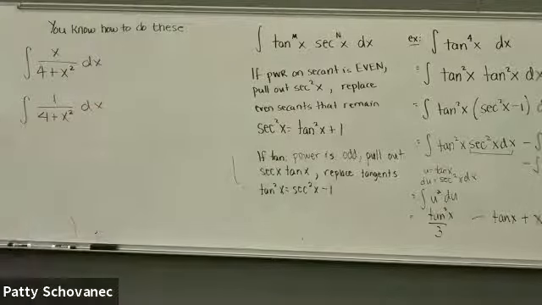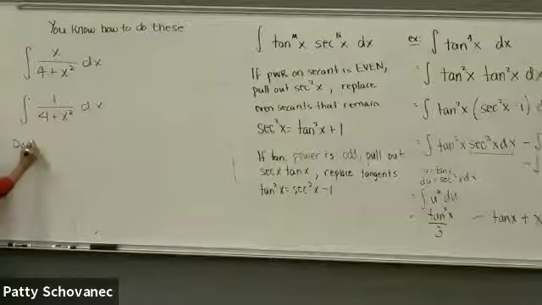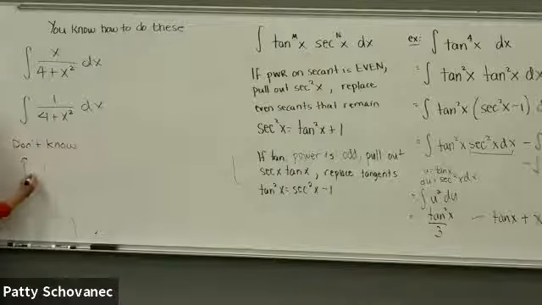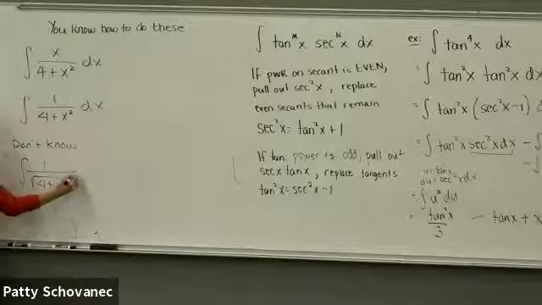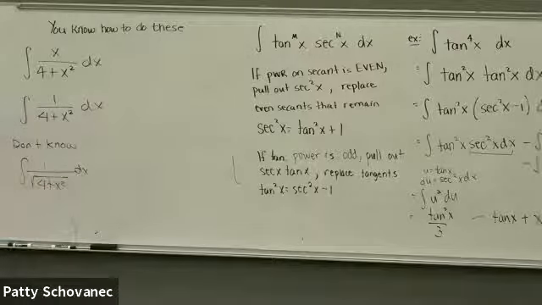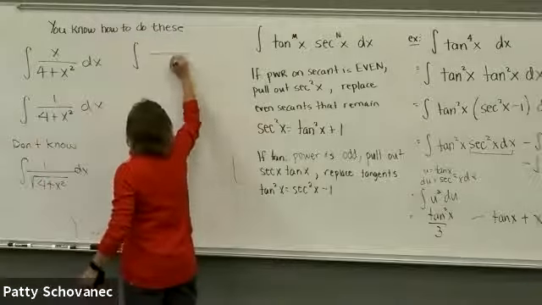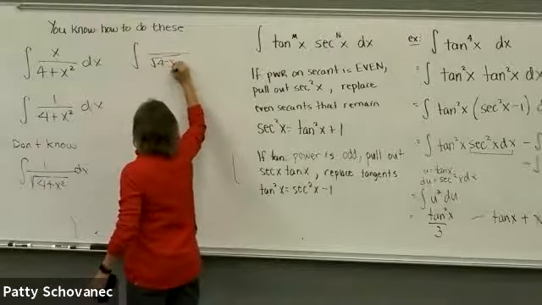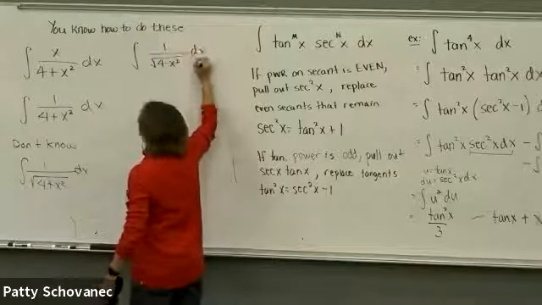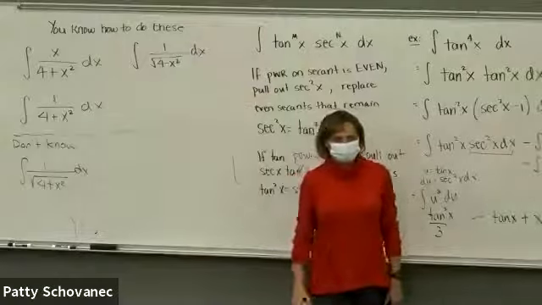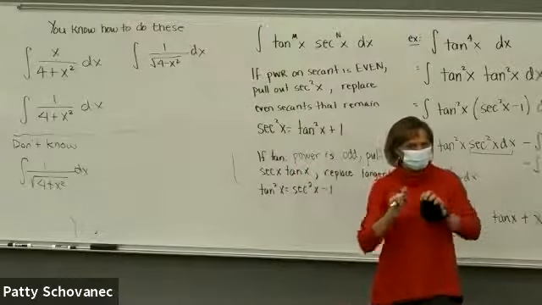You know these two. You don't know this one. If it had a minus sign in there, you do know it. That minus sign between the 4 and the x squared, you know that one.